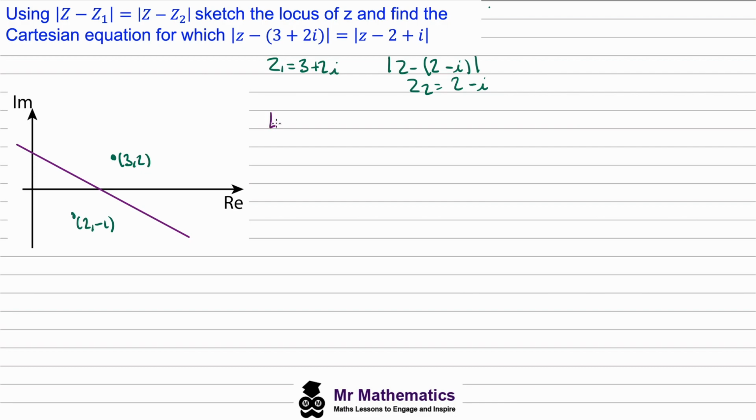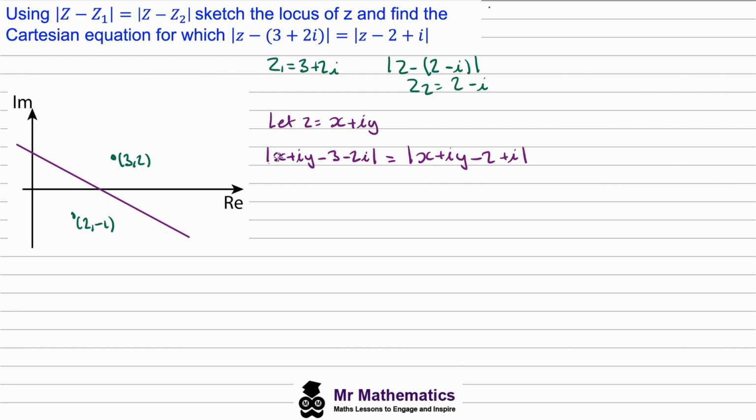Well, if we let Z equal x plus iy, then we substitute this into our equation. We've got the modulus of x plus iy, we'll expand out these brackets, minus 3 minus 2i will be equal to the modulus of z, so x plus iy, minus 2 plus i.